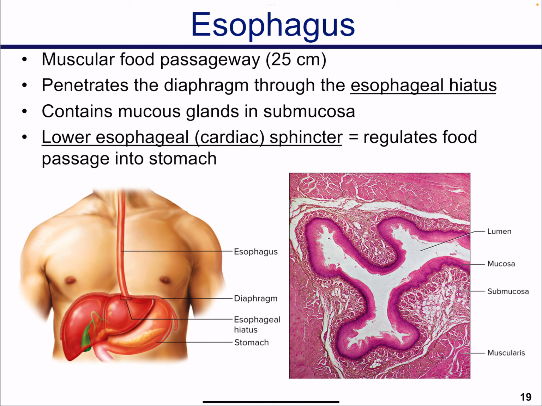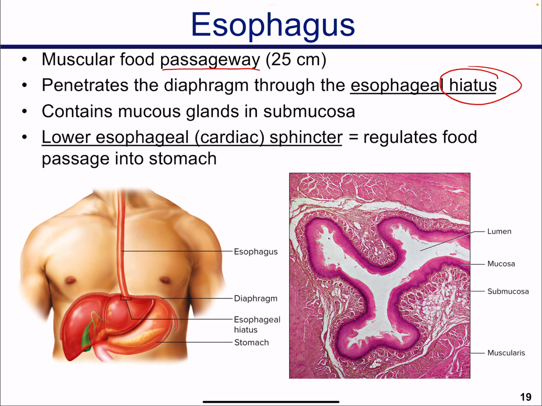Now, the esophagus, it's basically a passageway of the food. There is a particular area of the chest where the esophagus goes through. That part is called the hiatus, the esophageal hiatus.